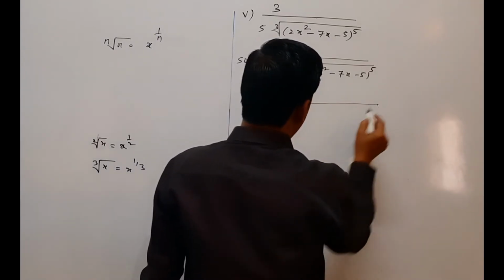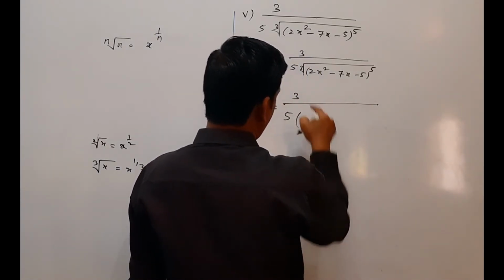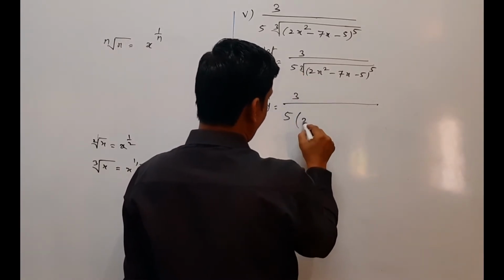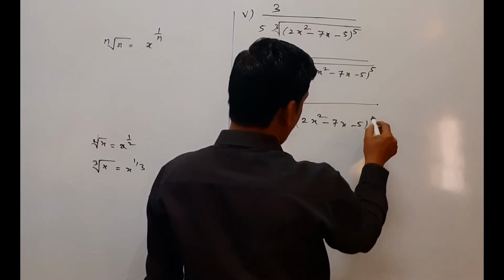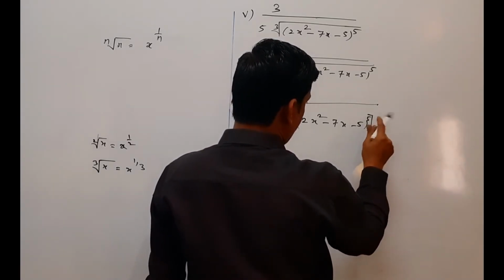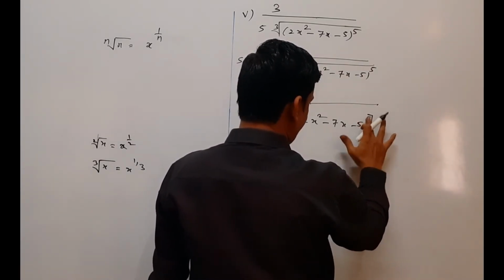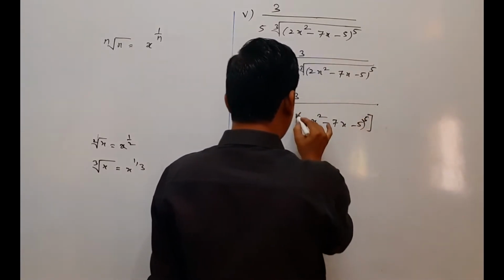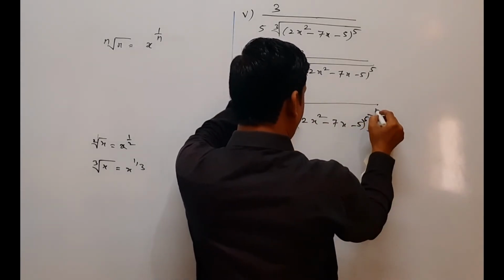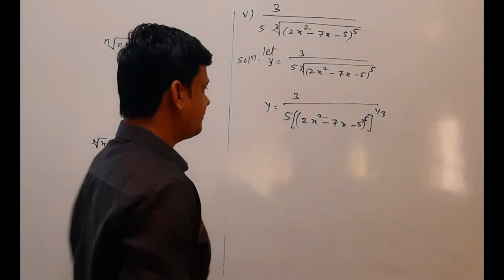So we write 3 upon 5 into, we remove this cube root, so we write 2x square minus 7x minus 5 bracket raised to the power 5 and this cube we write raised to the power 1 by 3.